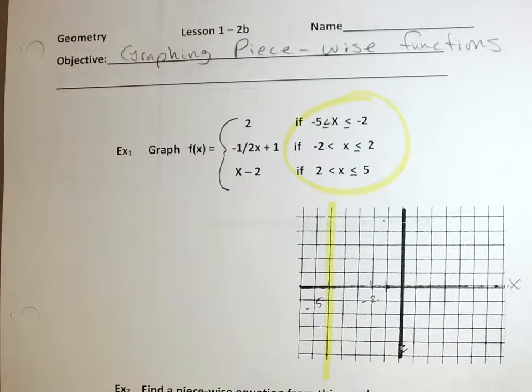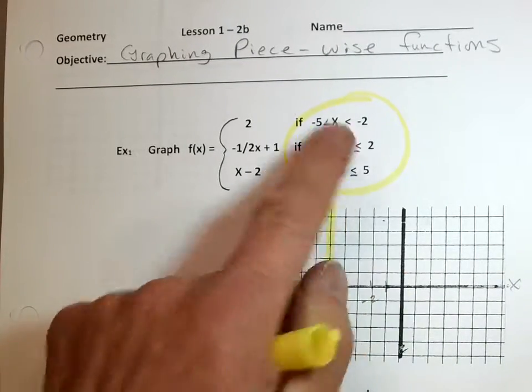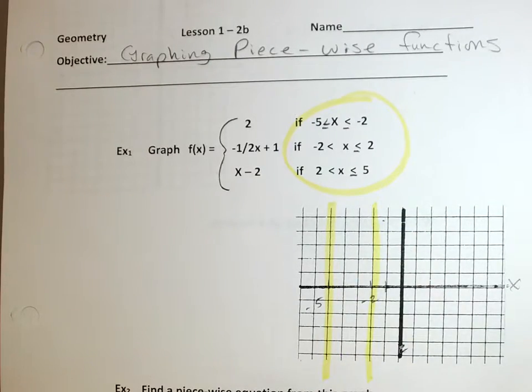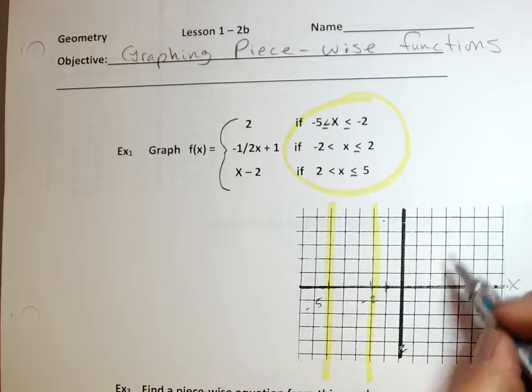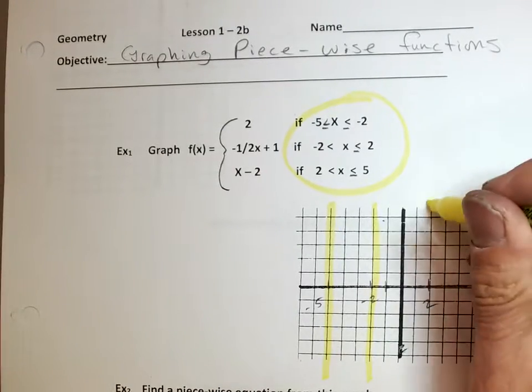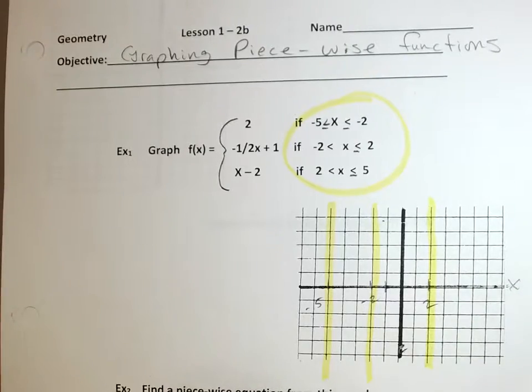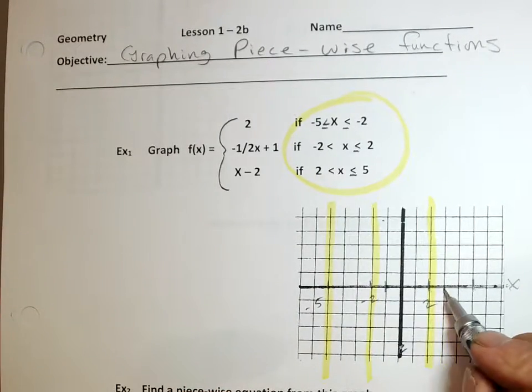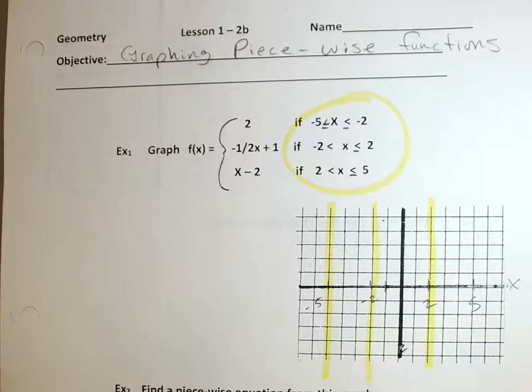And these are invisible lines. I'm going to go to -2 and put a borderline. I'm going to go to +2 and put a borderline. And then I'm going to go to +5 and put a borderline, okay?